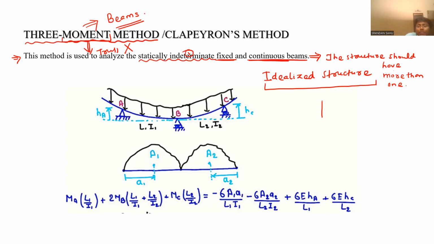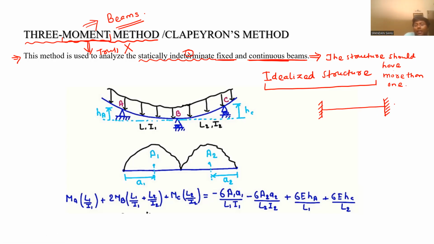If there is a fixed beam, can you do it using the three moment method? No, sir.